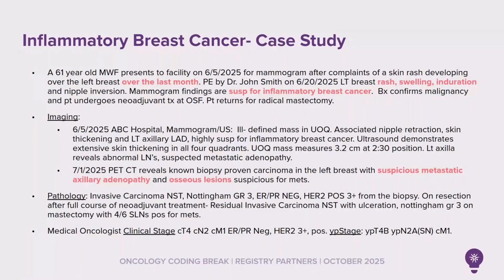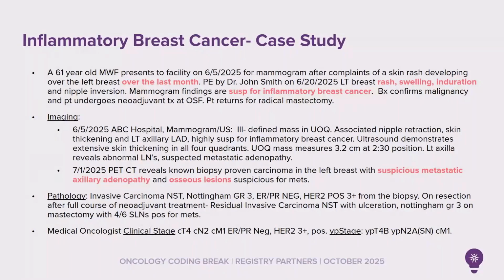A PET CT was done that reveals known biopsy-proven carcinoma in the left breast with suspicious metastatic axillary adenopathy, osseous lesion suspicious for mets, and the pathology shows invasive carcinoma NST, Nottingham grade 3, ER/PR negative, HER2 positive from the biopsy. On resection after the full course of neoadjuvant treatment, there is residual invasive carcinoma with ulceration, Nottingham grade 3, on the mastectomy with 4 out of 6 sentinel lymph nodes positive for mets.